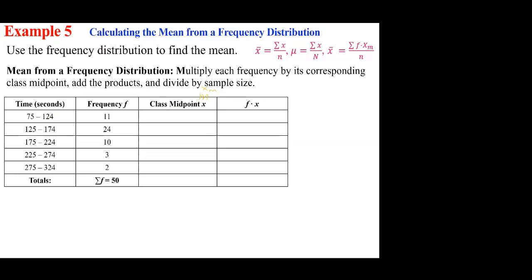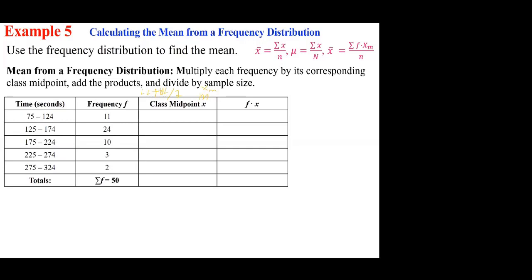So the best guesstimation would be to use the midpoint. So the very first thing is we calculate the midpoints. How do we calculate the midpoints? Lower limit plus upper limit divided by 2. So for example, the first class is 75 plus 124, which is 199, divided by 2, which gives us 99.5.